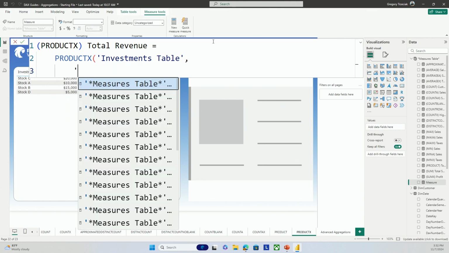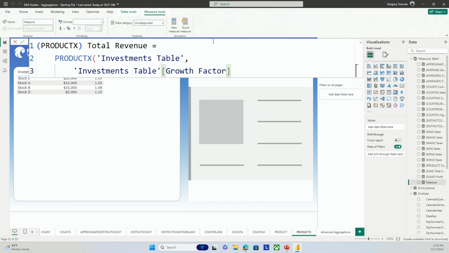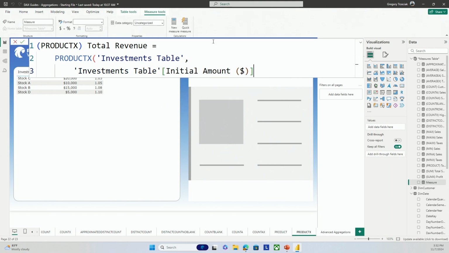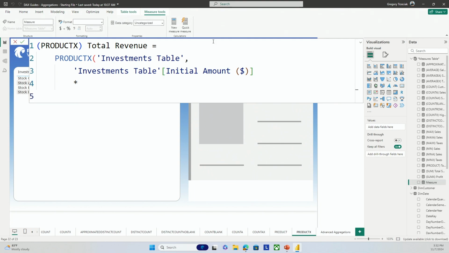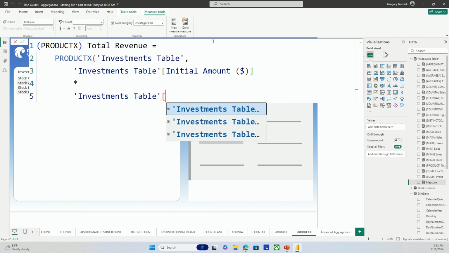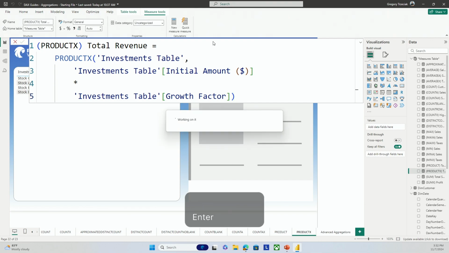I'm going to add that I want to look at my investments table, my initial amount. We'll bring in initial amount. And I actually want to multiply that each time by my investments table, my growth amount, or my growth factor. I'm going to hit enter, and let's see it in action.